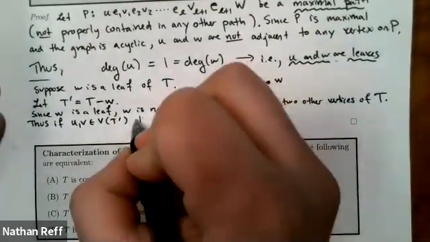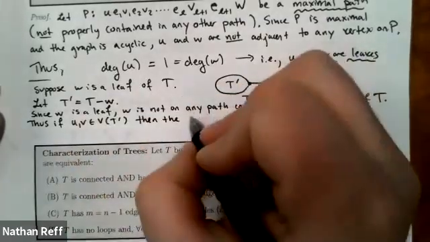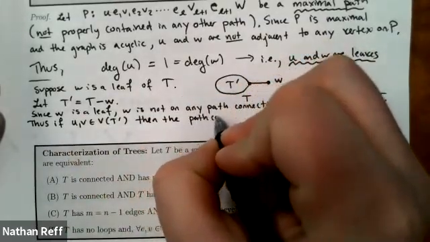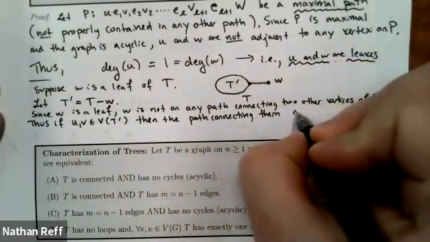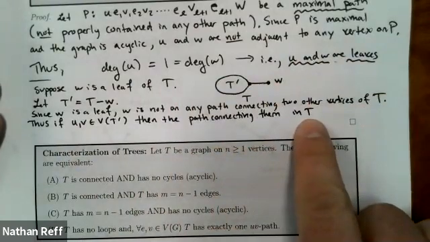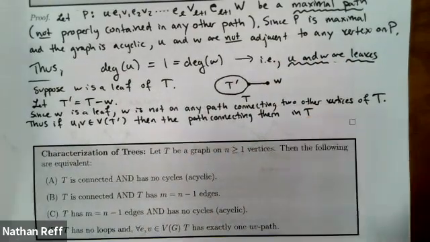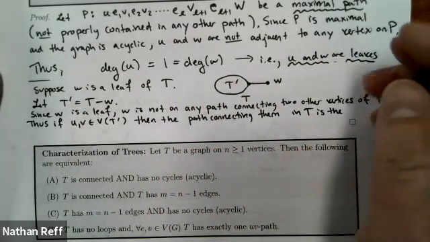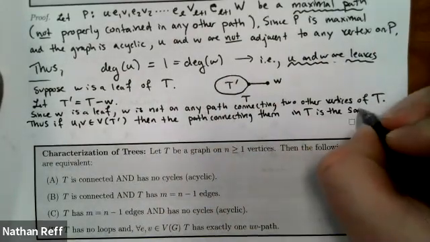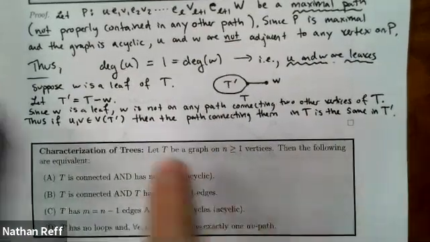Then the path connecting them in the original tree will actually be the same as the one in T prime, where we deleted W. Do you agree with that?